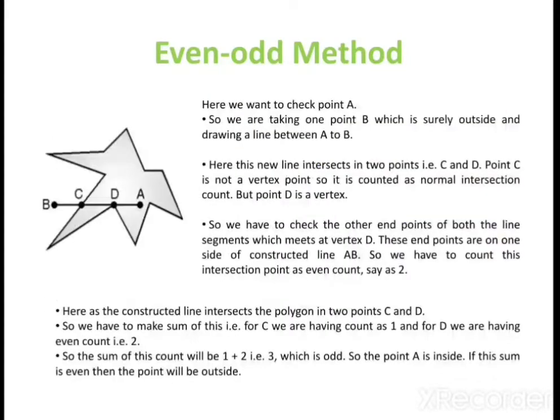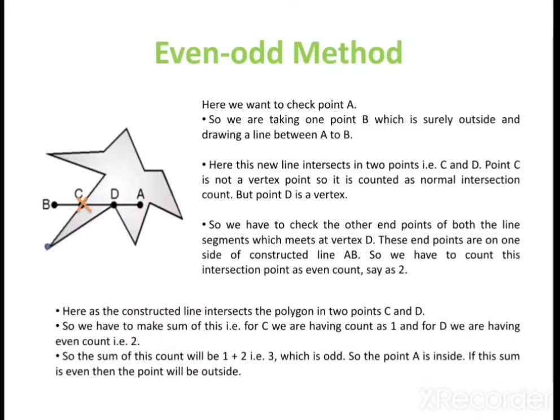There is another example. In this example we have to check whether my point A is inside or outside. So we take one point B which is surely outside and draw a line from A to B. After that I find the intersection points, right. Which are the different intersection points?